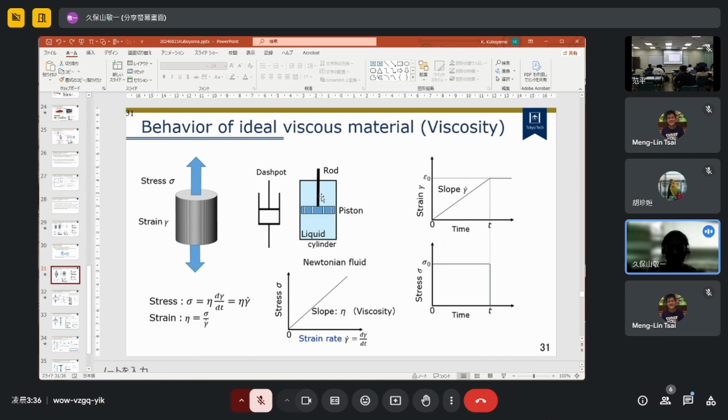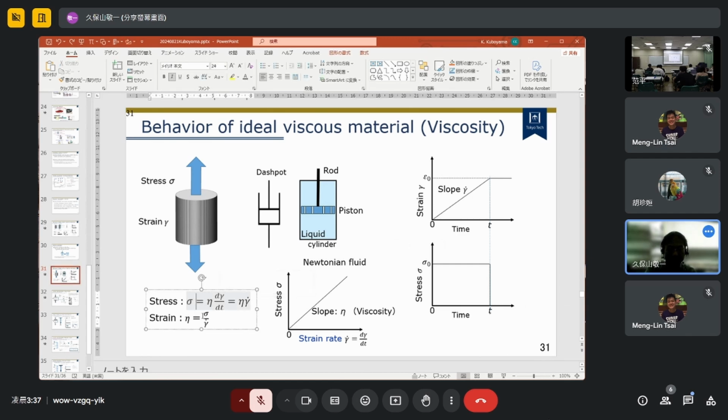And when you stop the piston, you don't feel any force from the liquid or from the dashpot. That is also important. In this case, stress can be represented by this equation. The stress of the viscous material is proportional not to the strain but to the strain rate.